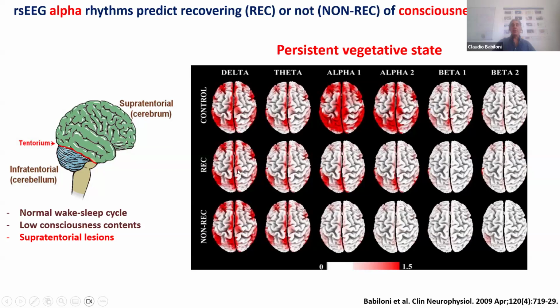In the middle, we have a line of patients with persistent vegetative state. In the resting state, eyes closed. The patient was not able to respond to the instructions, so an experimenter closed the eyes manually.